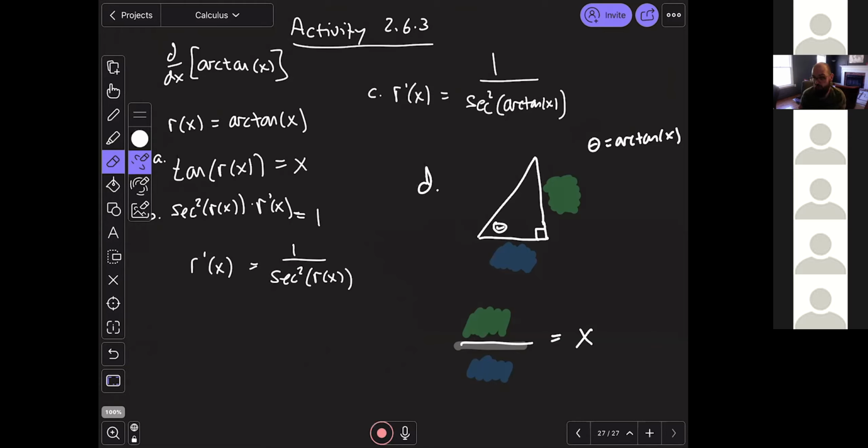So you could say x squared over x, right? But you could also say x over one. Yeah, x over one, I think, would be the easiest thing.